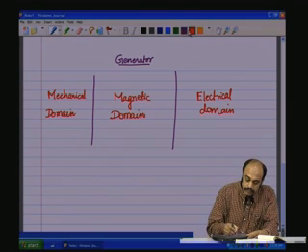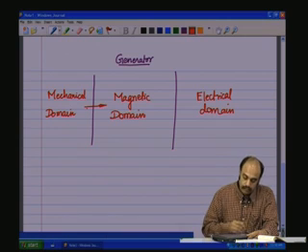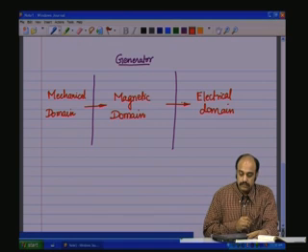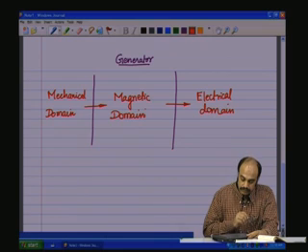So, energy passes from the mechanical domain into the magnetic domain, and from the magnetic domain to the electrical domain. So, therefore, three domains are involved.